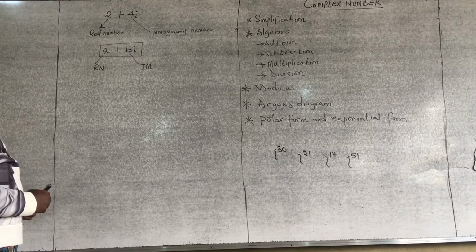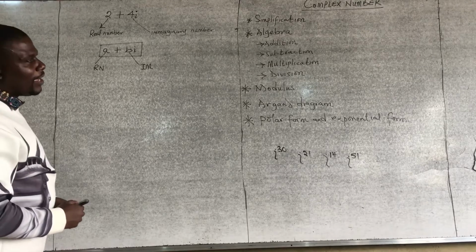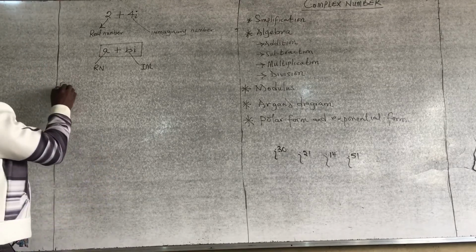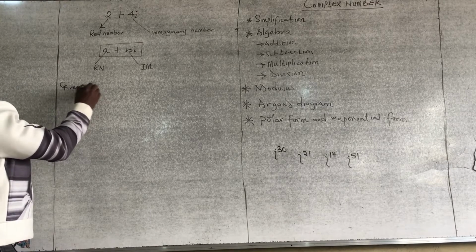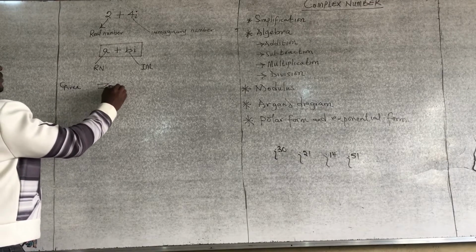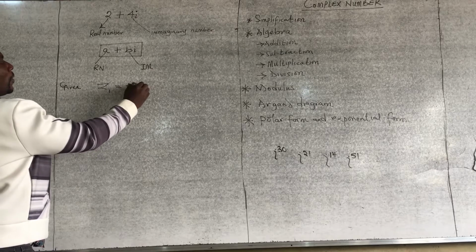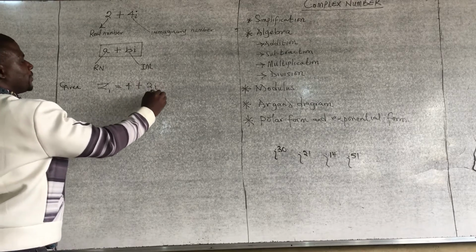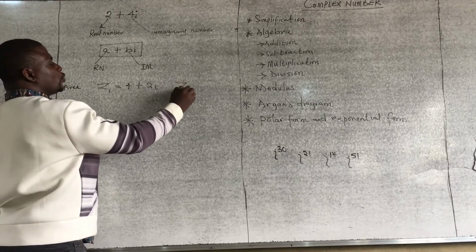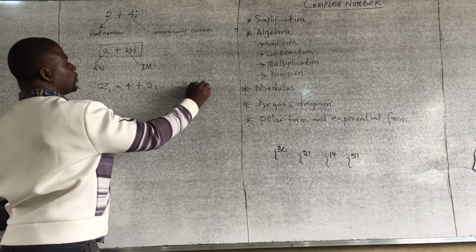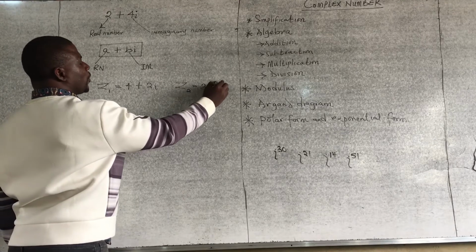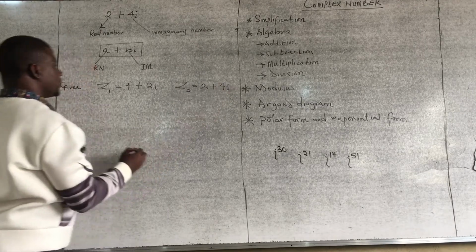Now, let's say you are given Z1 to be 4 plus 2i, and then Z2 to be 3 plus 4i.